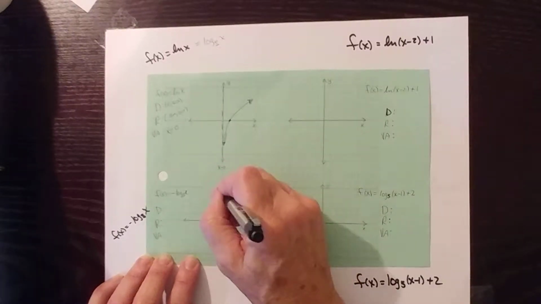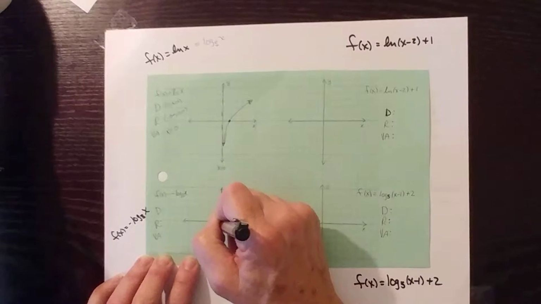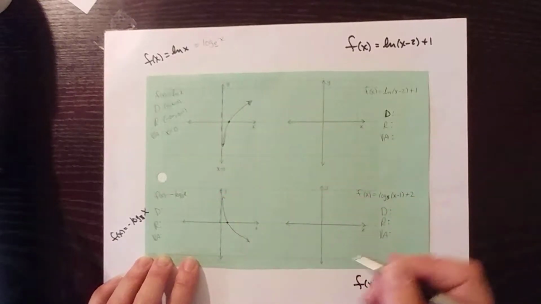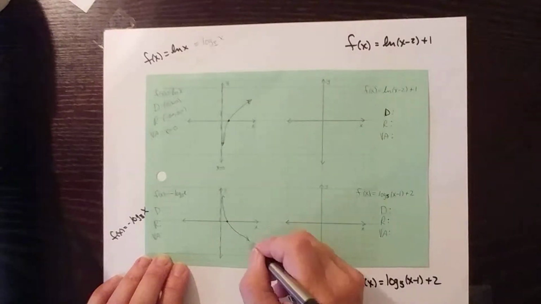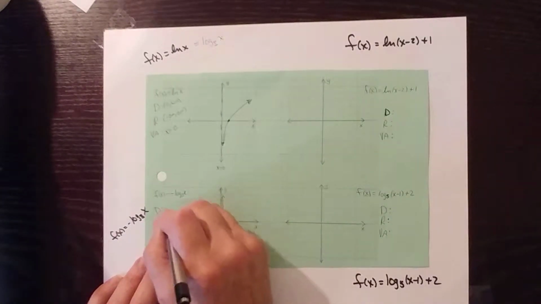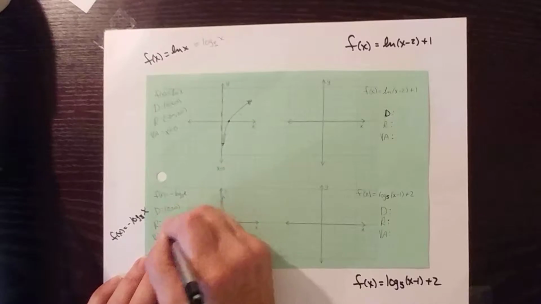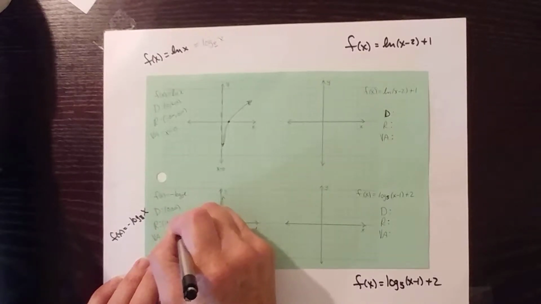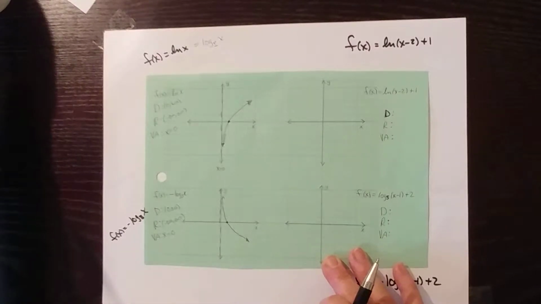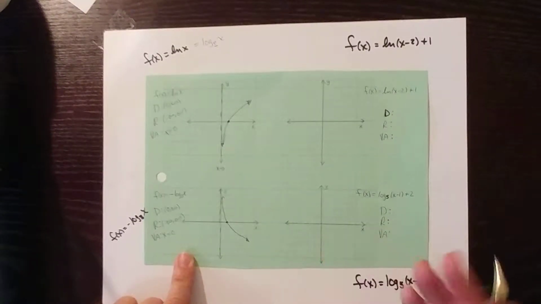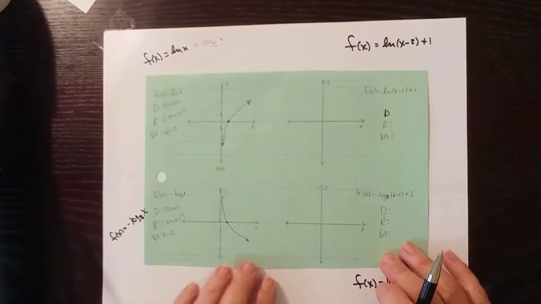It turns into a decreasing graph. This is a log function that's been reflected across the x-axis because of that negative in front. The domain is still 0 to infinity, the range is still negative infinity to positive infinity, and x equals 0 is the vertical asymptote. But that negative caused it to flip across the x-axis.